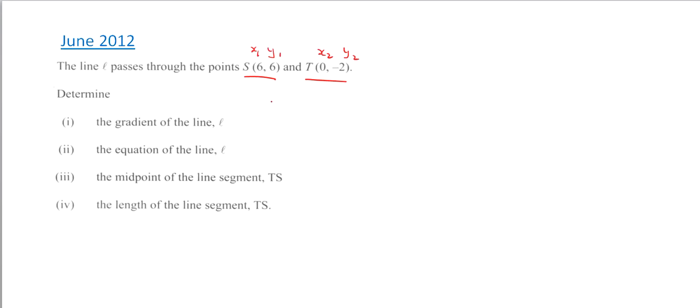So we know gradient m. Let me do it on the side here. Gradient m is equal to difference in y, which is y2 minus y1 over x2 minus x1. Right? So just by looking at how we label it now, y2, which is -2, minus 6 all over 0 minus 6.